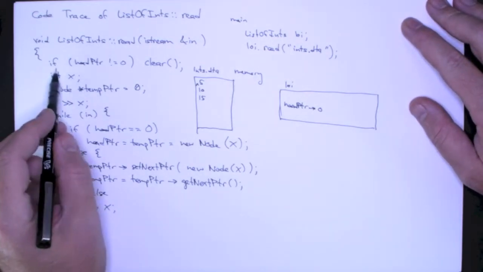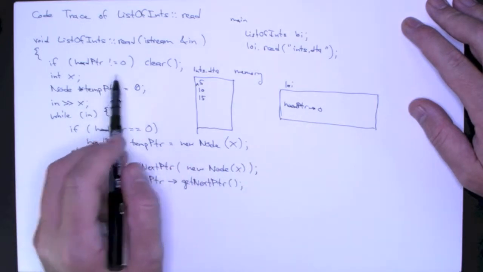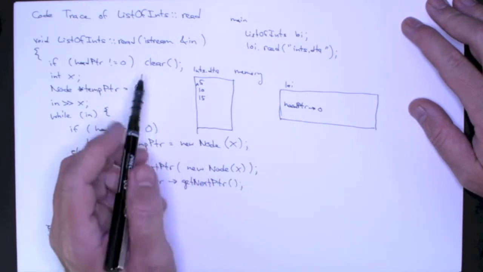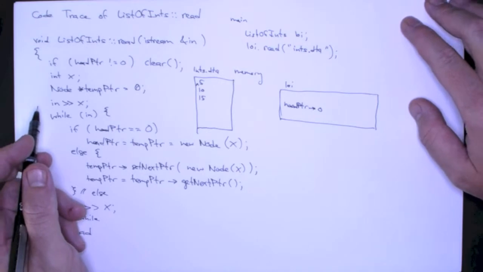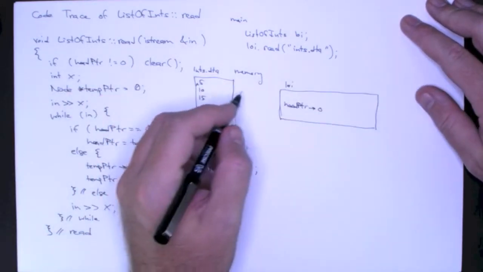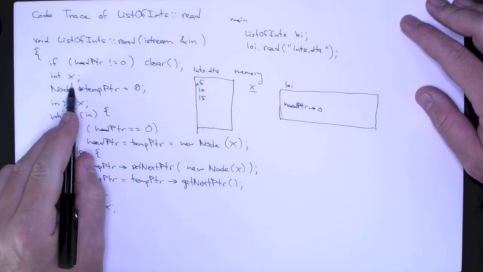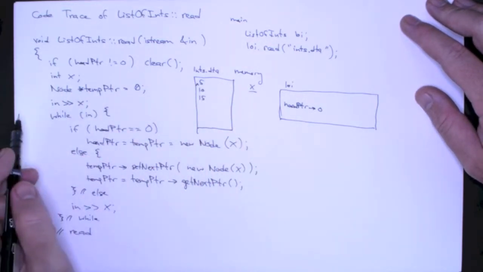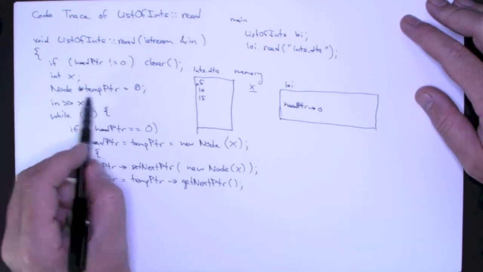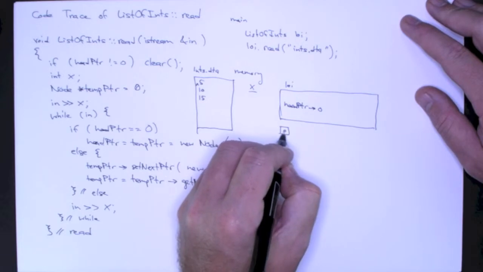First thing we're going to do is check to see if head pointer points to null. It does, so we don't call clear. I'll do that in just a few minutes. Now we declare x, so x is somewhere out in memory, and its value is unassigned. Then we also have temp pointer, which is somewhere out in memory.